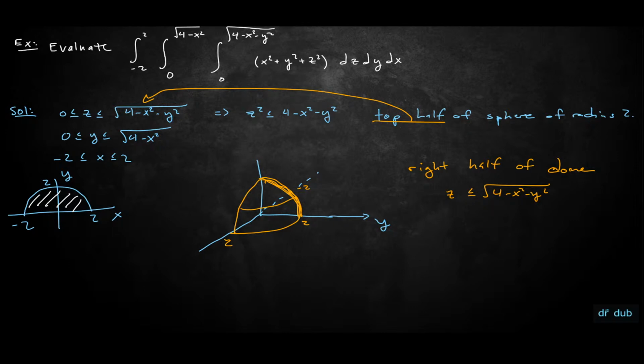The entire hemisphere would have a lower bound for y being negative square root of 4 minus x squared, but it's the right half of the dome because y is greater than 0. So it's to the right of the xz plane.